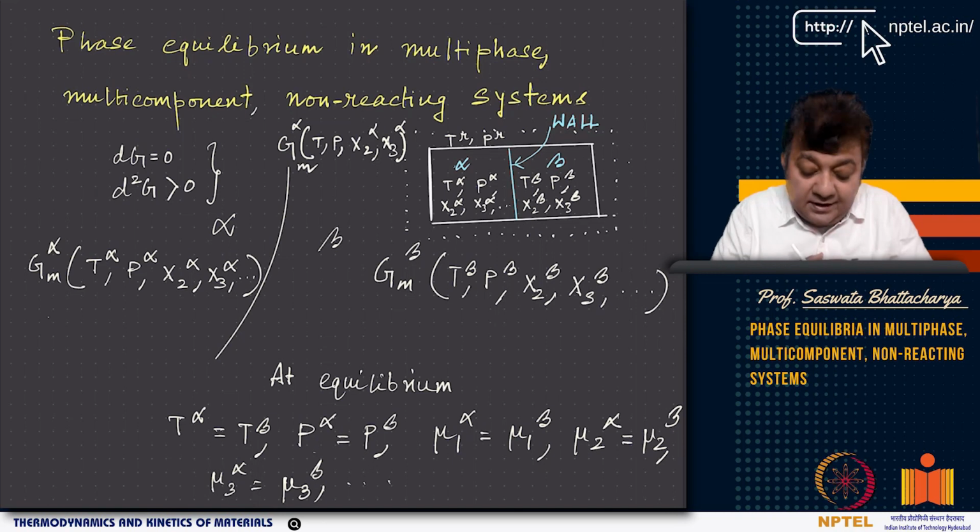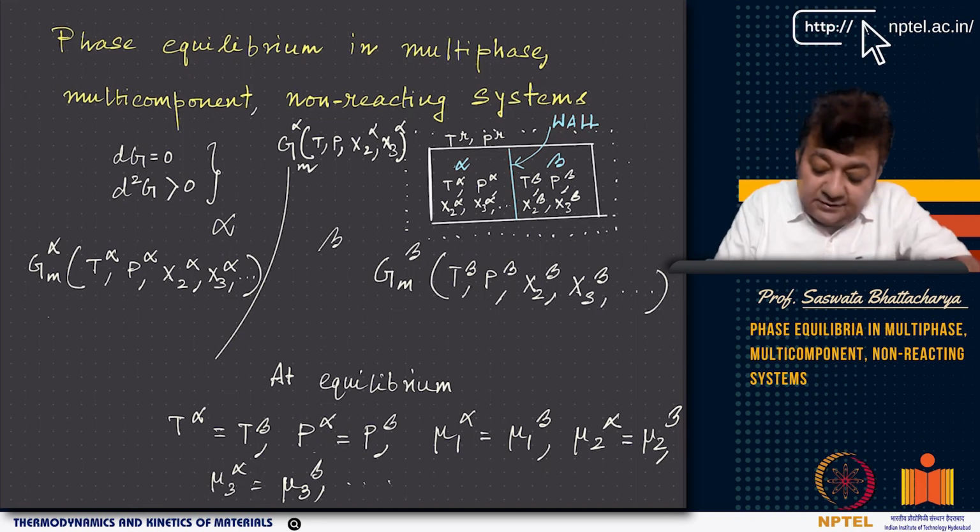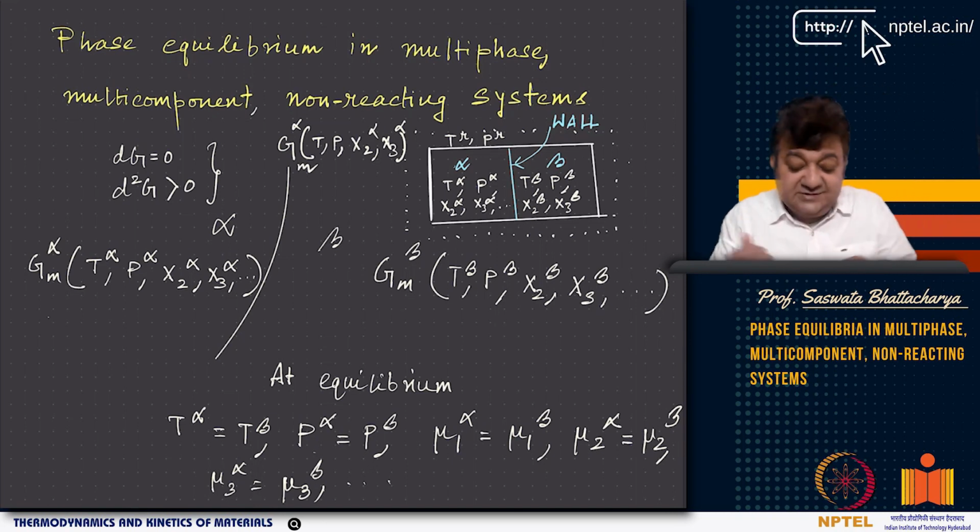G is the extensive property here, right? So the extensive property G is a summation of G alpha, G beta, G gamma, and these are again extensive properties. G alpha, G beta can be written as functions of temperature and pressure. Instead of looking at S, entropy, we are looking at the conjugate.